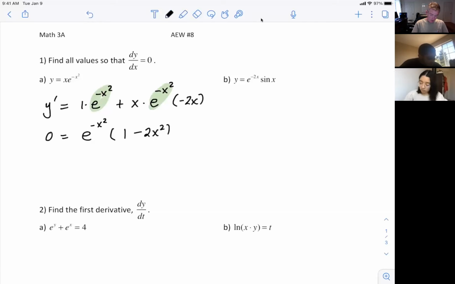So the e function never equals 0, so I don't need to set that one equal to 0, but for this polynomial, 1 minus 2x squared, that could equal 0. So I could add the 2x squared to both sides.